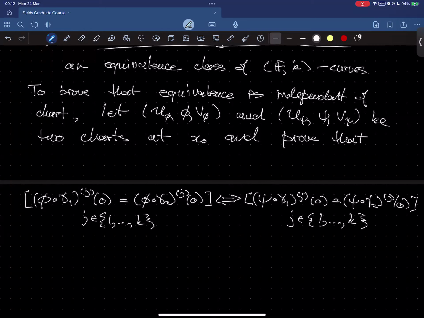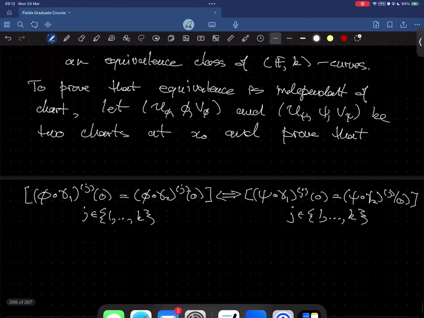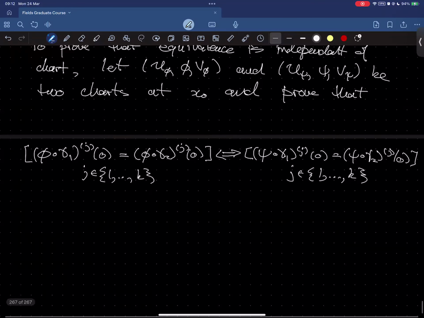All right. And so what did we do in the k equals 1 case that you can still do in the k equals 2 case?